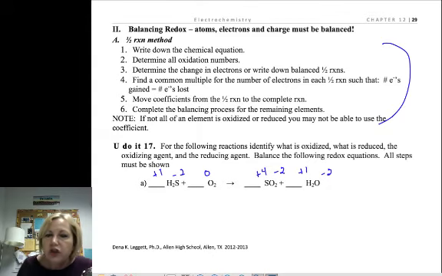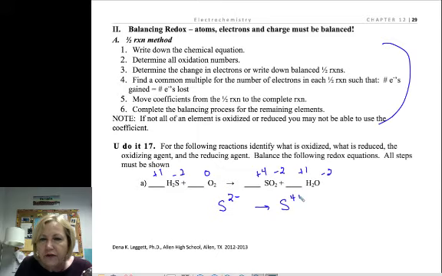Now, what I'm going to do is pluck out different species just to focus on them. I'm not breaking bonds. I'm just focusing on them. The sulfur that had an oxidation number of -2 went to sulfur with a +4 oxidation number. Okay, so that sulfur was oxidized.